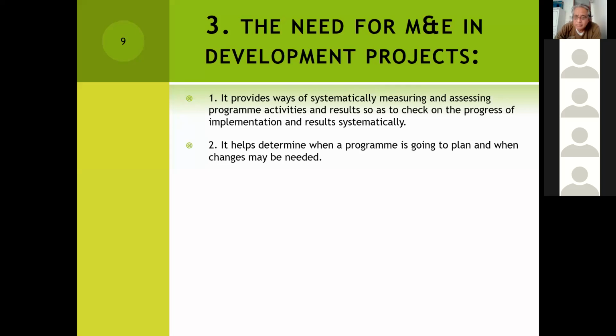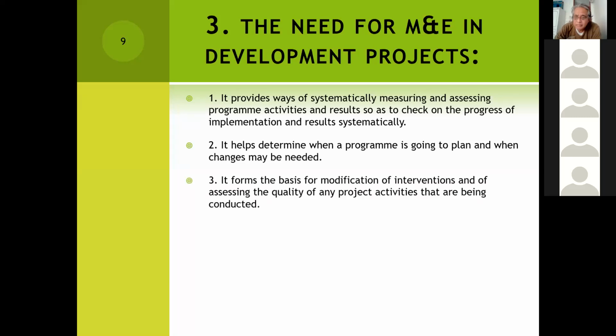Then again, it is also good to make sure that we are able to determine when a program is going to plan and what changes may be needed. And so it becomes important to have M&E in place, so that when we are planning, we have a way to determine when changes will be needed in case we are not achieving the results that we anticipate.